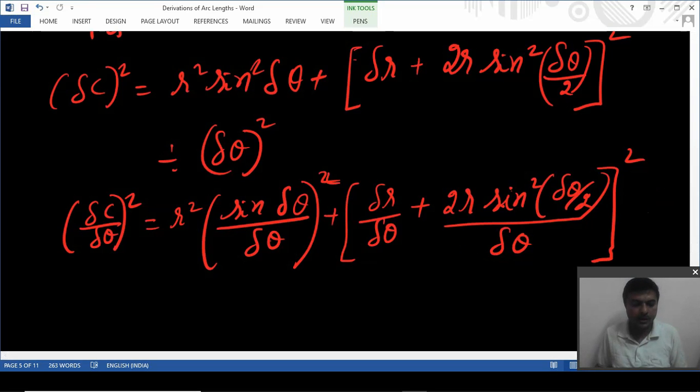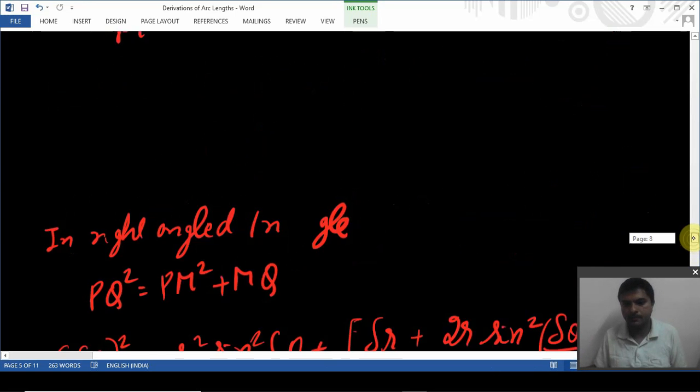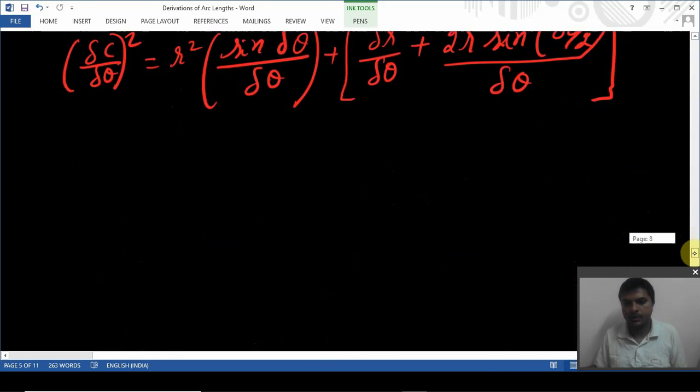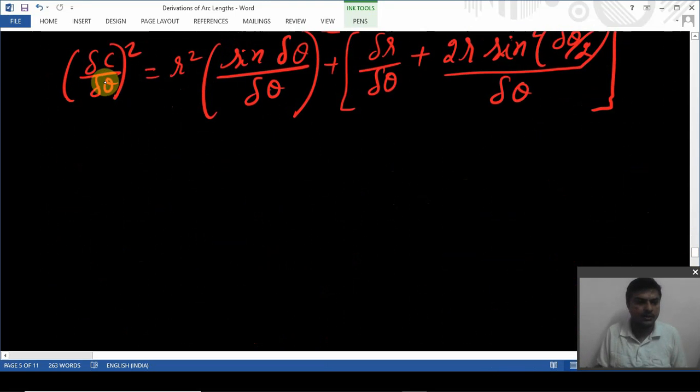So as we have already done, whenever we get in this form, what we have to do here, students? Yes, this delta c must be divided by delta s. So I want here delta s in the denominator, so just multiply and divide by delta s and just simplify the remaining things as it is. Quickly we will do this.